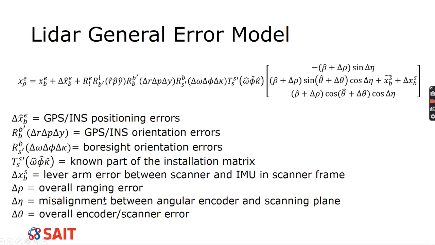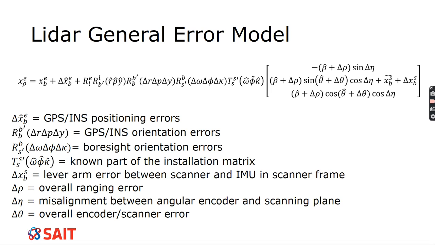Then we have ranging errors, we have misalignment errors, we have encoder errors. Everything adds together. We use the error model so that we can reduce the systematic errors that come out of this. So in modeling, we might have a very large number, but we can now remove that from the error, right? Or at least reduce it that much from the error. So that's why we build these.